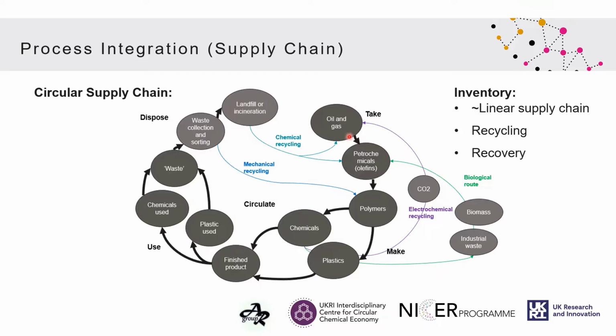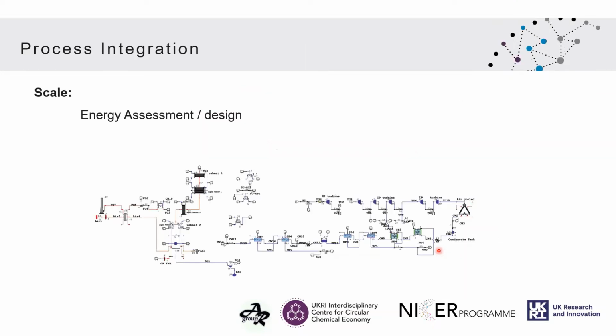So here there are factors that we need to know. The previous case, the linear supply chain, is well known. It has been running for many years. We know all the ins and outs of the process. Once we are establishing something new, we need to integrate a bit more. And it can be a general analysis like the one I showed before, or it can be a particular case.